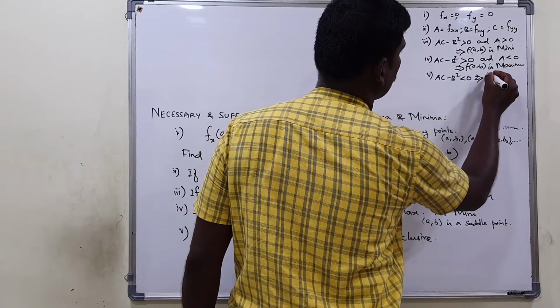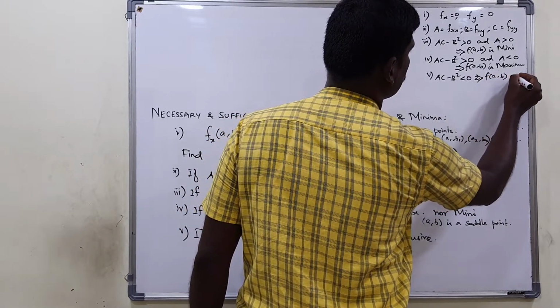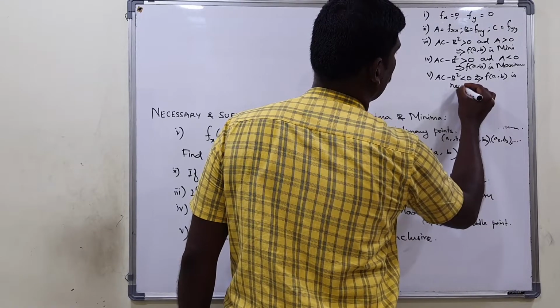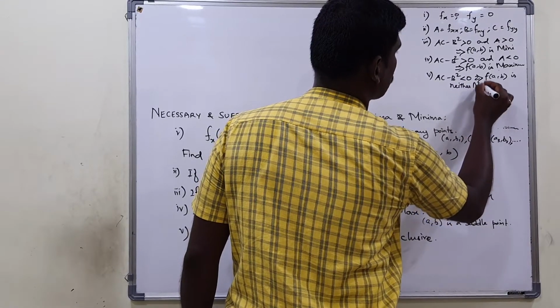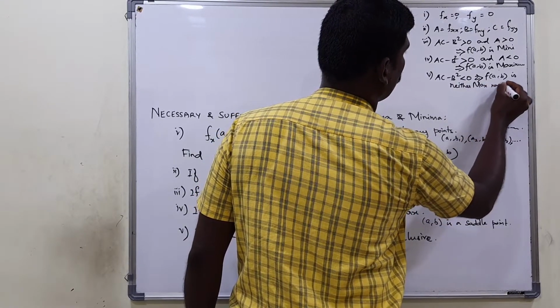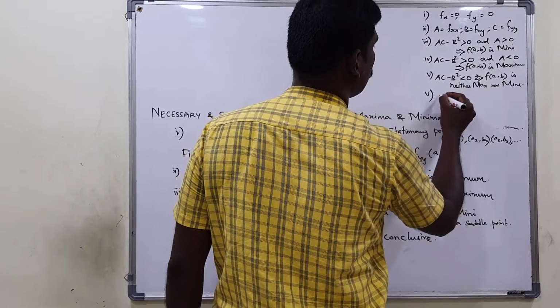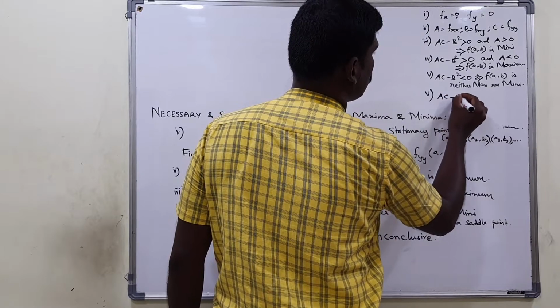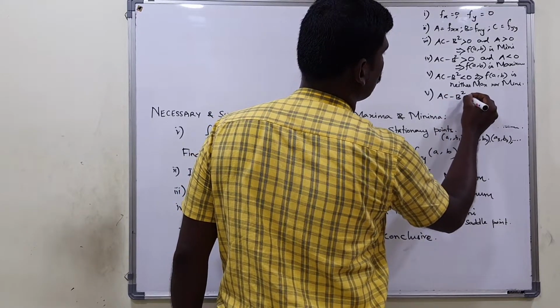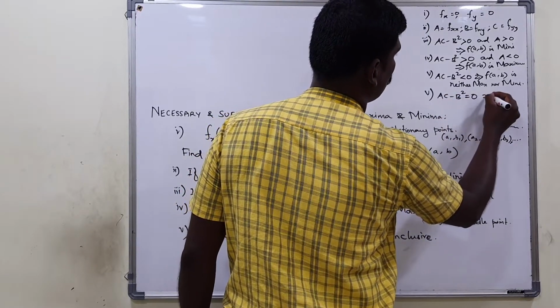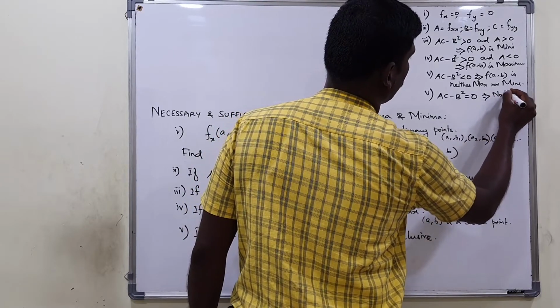This implies f of A comma B is neither maximum nor minimum. The sixth one, AC minus B square is equal to 0. No information.